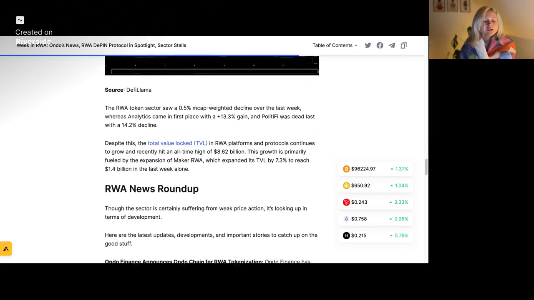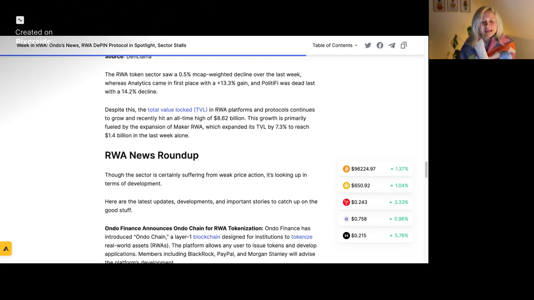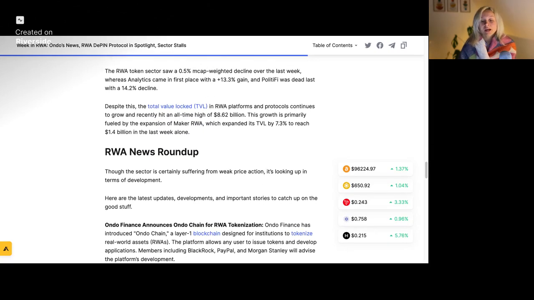The RWA token sector saw a 0.5% MCAP weighted decline over the last week, whereas Analytics came in first place with a plus 30.3% gain, and Politify was dead last with a 14.2% decline.